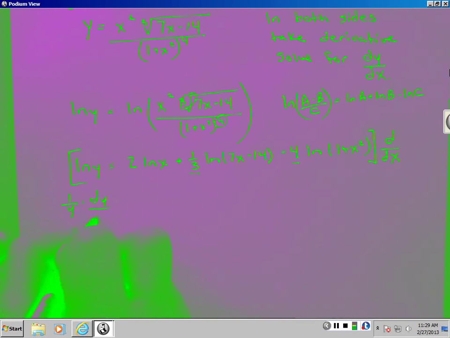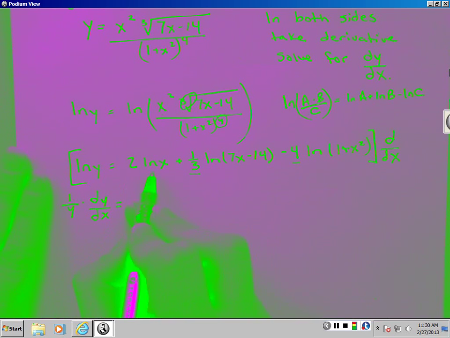Dy dx is important. We need that because that's what we're solving for. But then we also need this 1 over y. Derivative of the outside evaluated at the inside times the derivative of the inside. In logarithmic differentiation, a common mistake is not taking 1 over y times dy dx. So that's the derivative of the left-hand side.